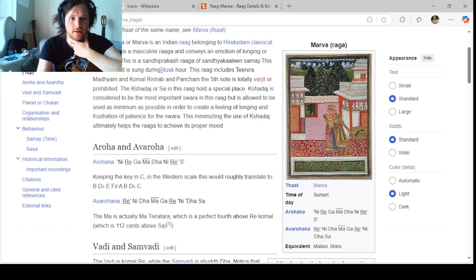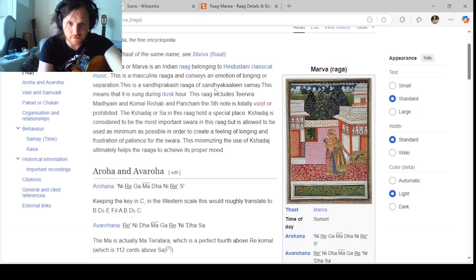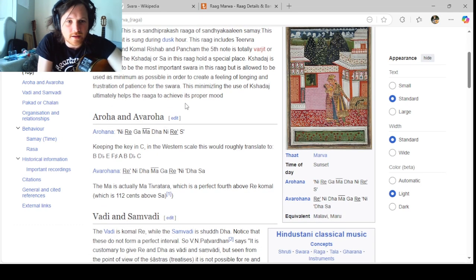So that's interesting. And it also says here, yeah, this is a Sandhya Prakash Raga of Sandhya Kalin Samai. This means that it is sung during dusk hour. So there we go. We're looking at dusk. Now, it is 9 o'clock over here, so there's a chance I'm not really going to get the most out of it that I should.